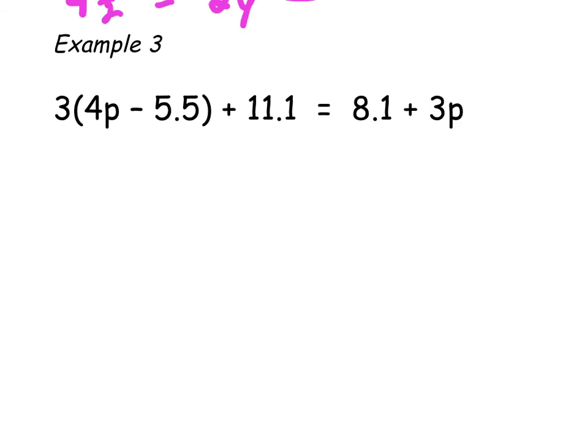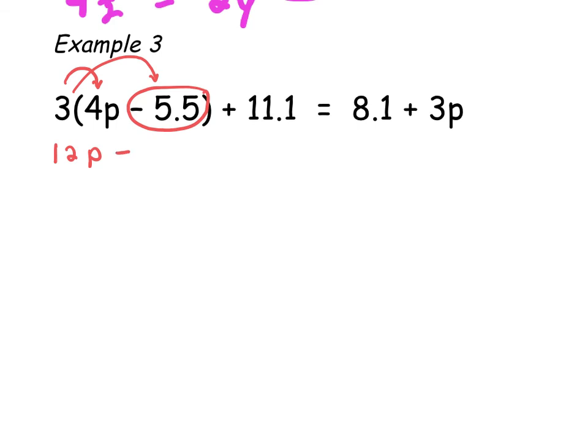So we're going to start this by taking 3 times 4p, which would be 12p. Then 3 times, look what's in front of the 5 and 0.5. It's a negative sign. So we're going to enter in our calculator 3 times negative 5 and 5/10.